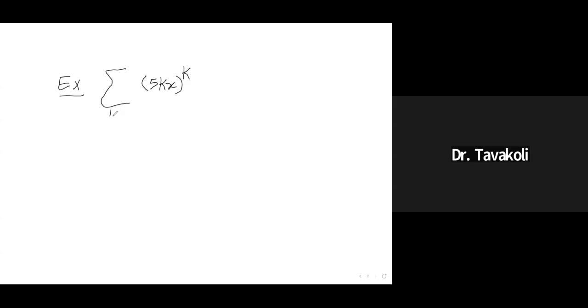As k runs from 1 to infinity, this is a power series. And again, I have two questions. One is the interval of convergence, and two, the radius of convergence.